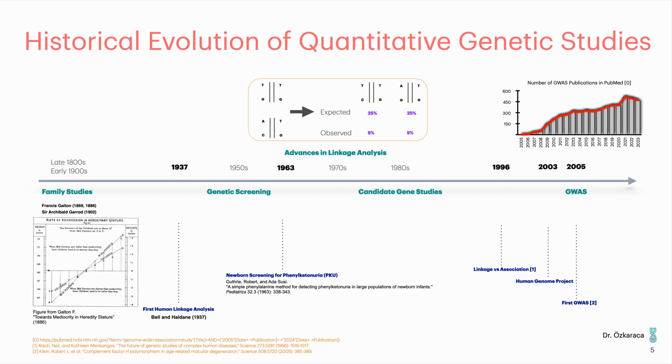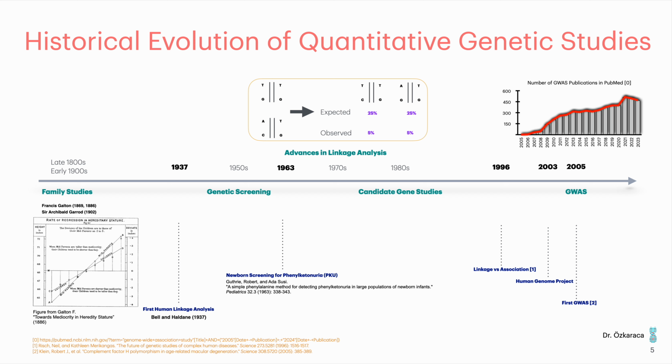The next major milestone came in 1937 with the work of Haldane and Bell. They developed the concept of linkage analysis, a method that examines how genetic markers are inherited together within families.